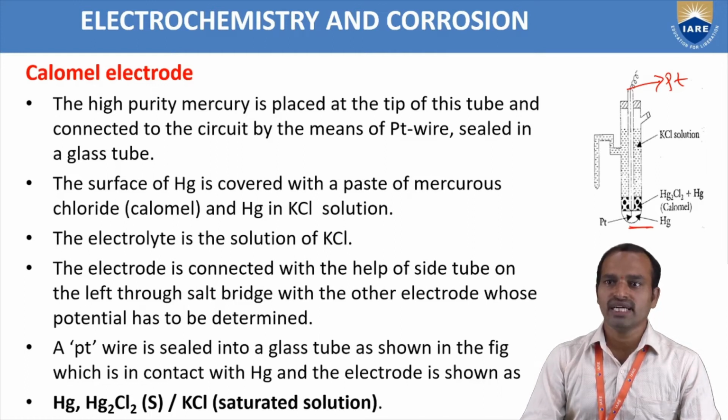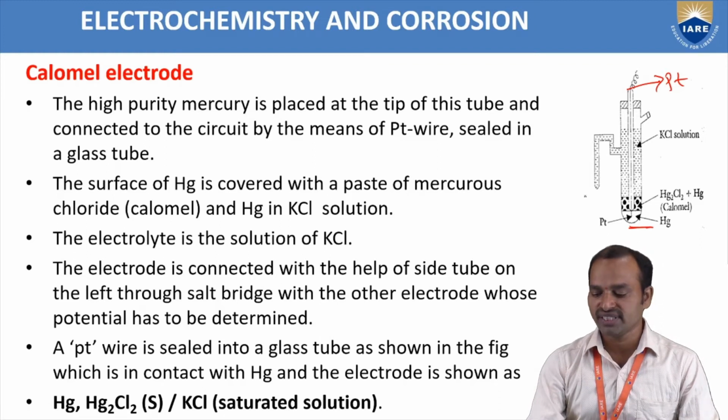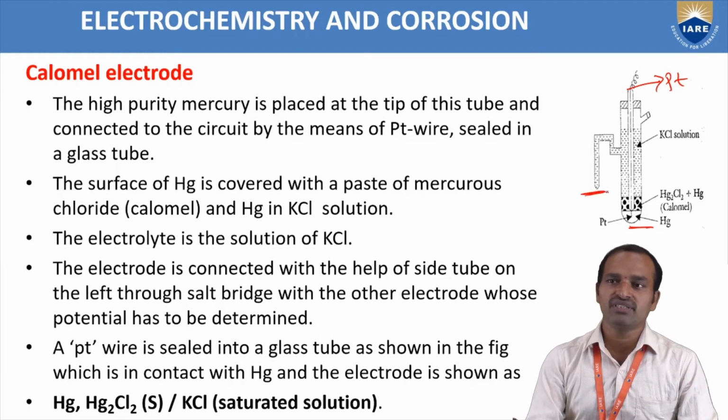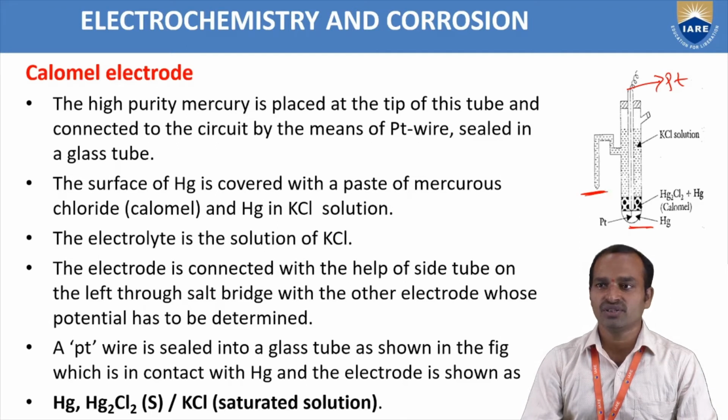The electrode is connected, with the help of the side tube on the left through a salt bridge, with the other electrode whose potential has to be determined. In the diagram, the salt bridge is on the left side. We dip the salt bridge in the other electrolyte solution or electrode, and then we find the potential of the electrode.